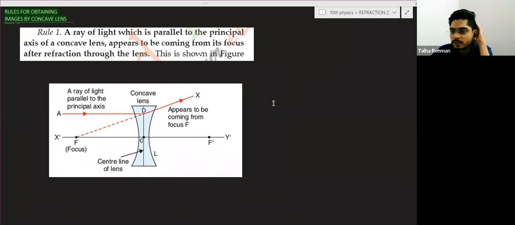There are three rules for the concave lens.